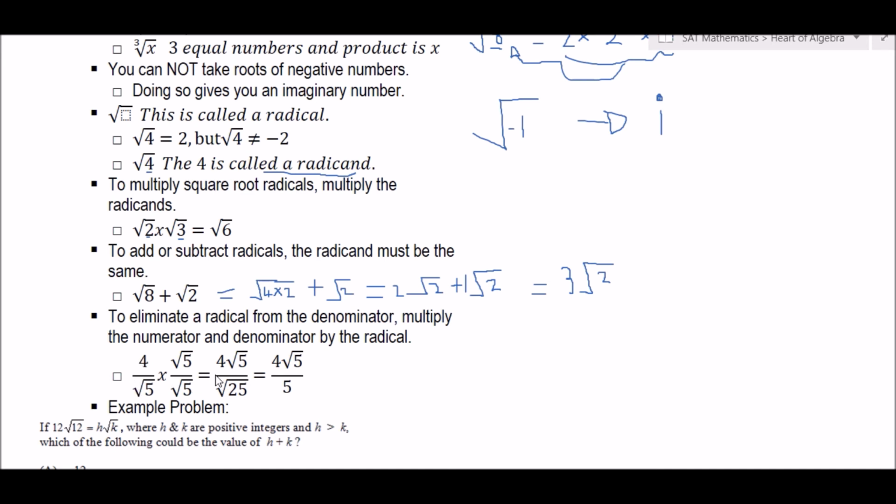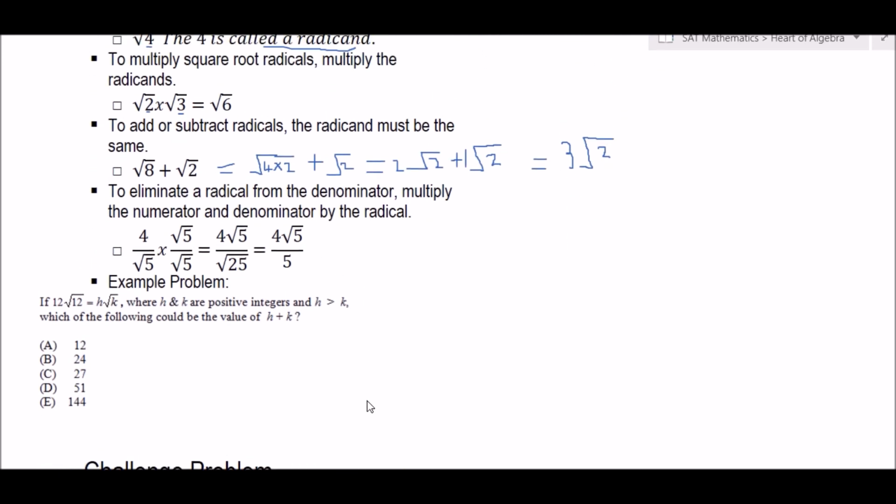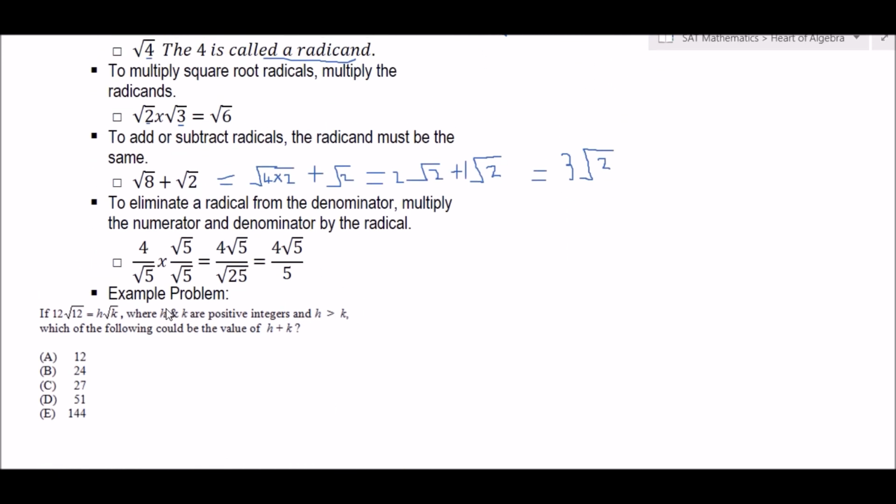And here it gives you 4 square root of 5 over the square root of 25, because the square root of 5 times the square root of 5 gives us the square root of 25, and we know that the square root of 25 is 5 because 5 times 5 is 25, and that would be our answer.